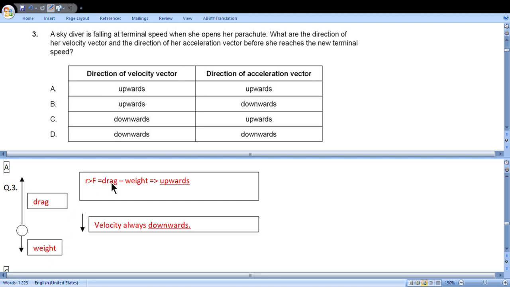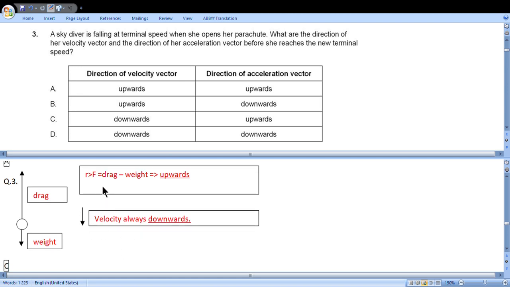Resultant force will be drag minus weight upwards, and acceleration according to Newton's second law also will be upwards. And it slows down or goes at constant velocity. Velocity is always downwards. So we choose choice C. Direction of velocity downwards, direction of acceleration upwards.